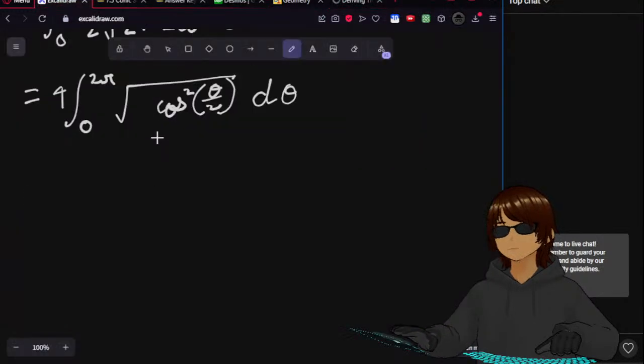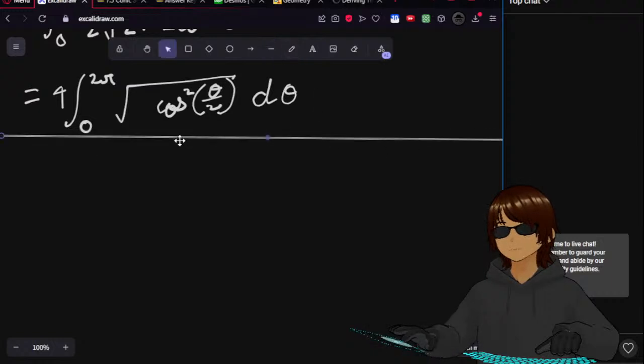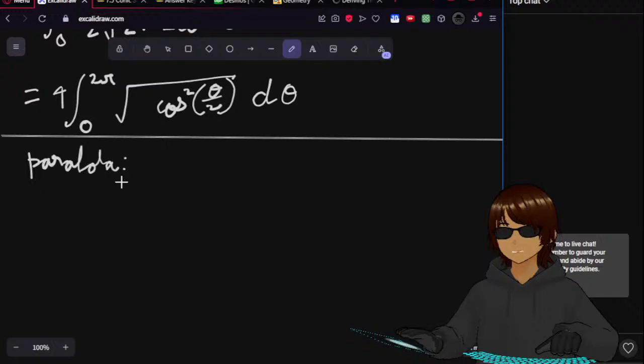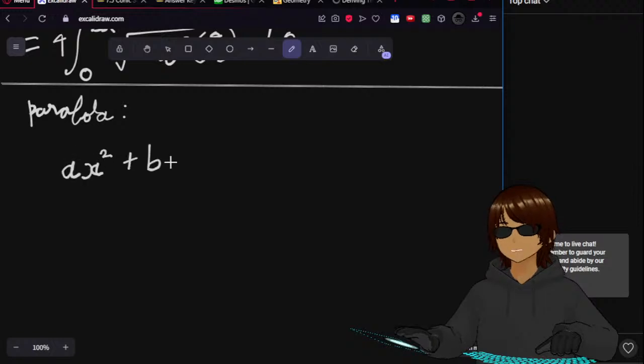So the standard form of a parabola is like a x squared plus bx plus c.